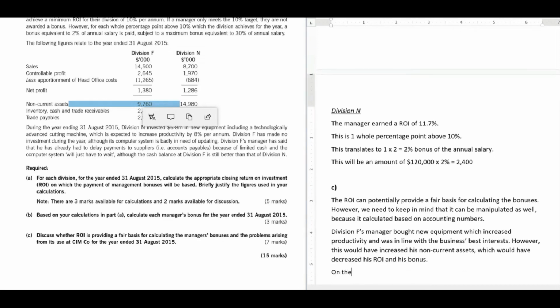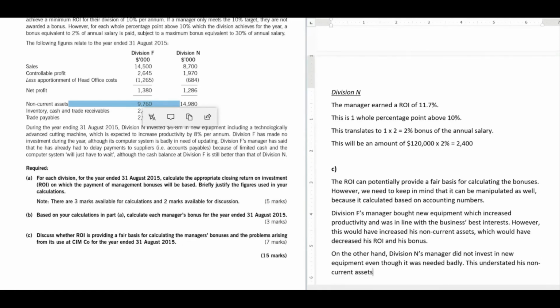On the other hand, Division N's manager did not invest in new equipment even though it was needed badly, right? This understated his non-current assets, which overstated his ROI and increased his bonus.